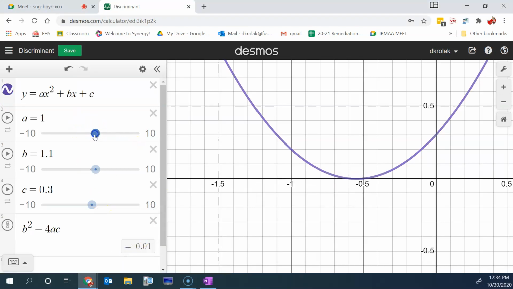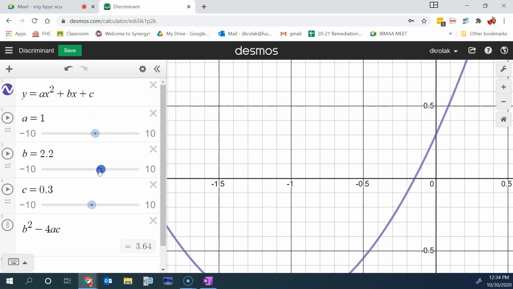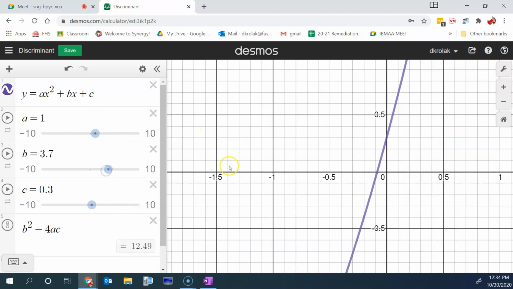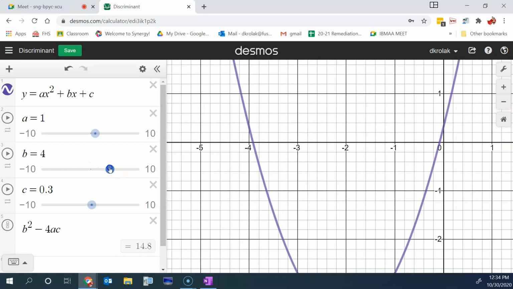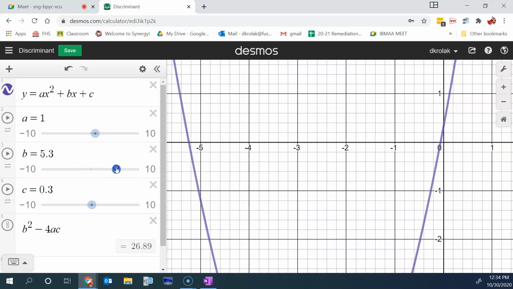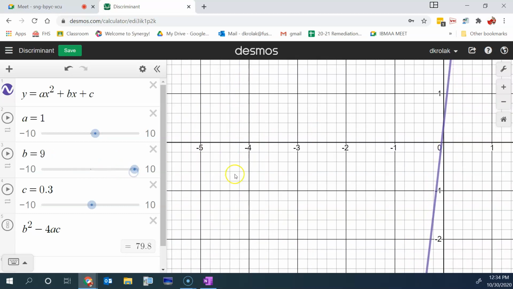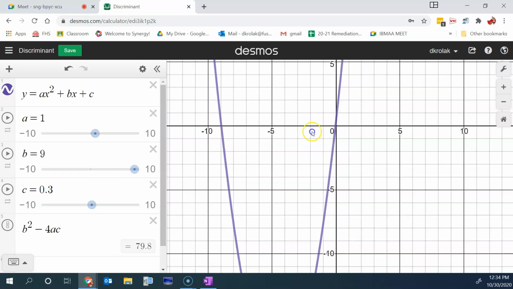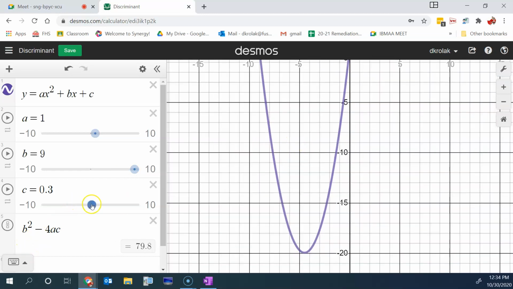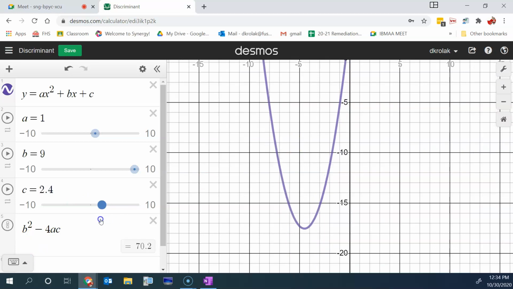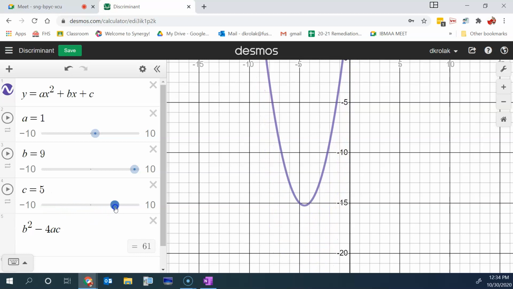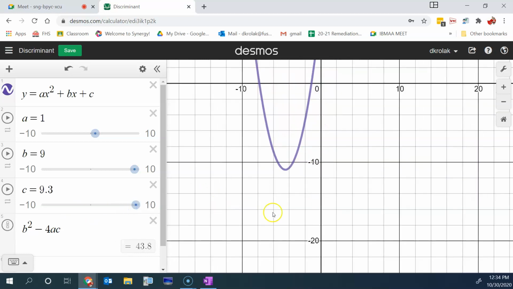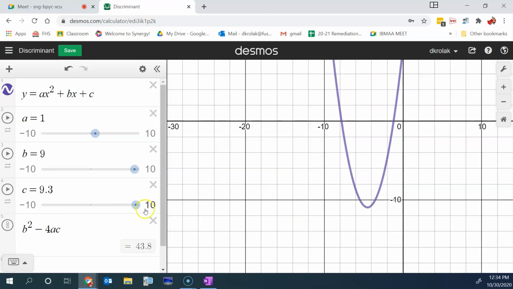So I'm going to set B at 9. Okay, so that's 9. So this is what it looks like. And then we don't know what C is. That's what we're trying to find out. Okay, so it's asking what values of C would make this have 2 roots.